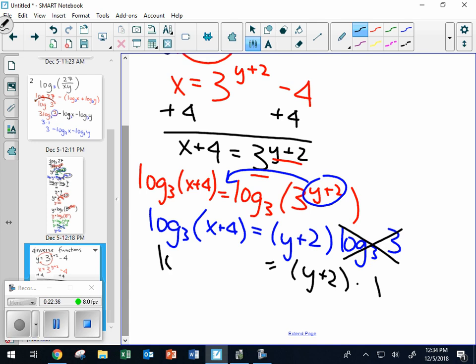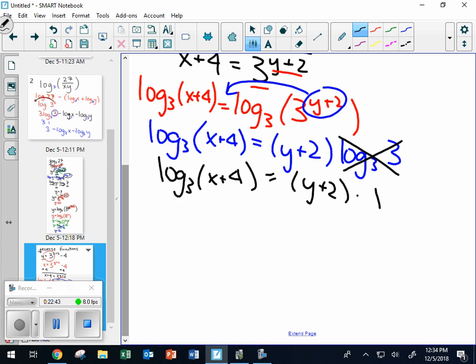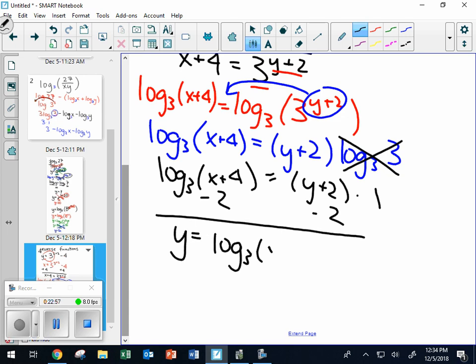And on the left-hand side, we have changed nothing. Okay, one more step. We need to find y alone. We're going to subtract 2. We end up with y is equal to log base 3 of x plus 4 minus 2.